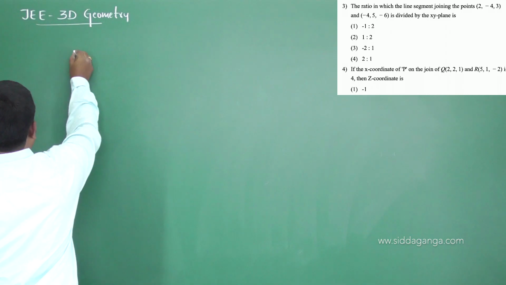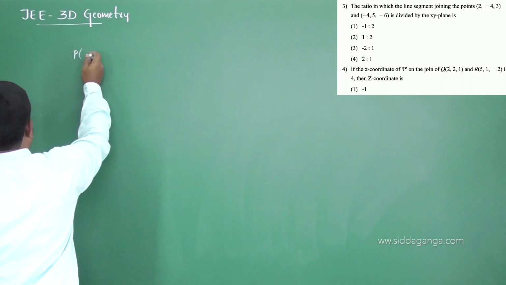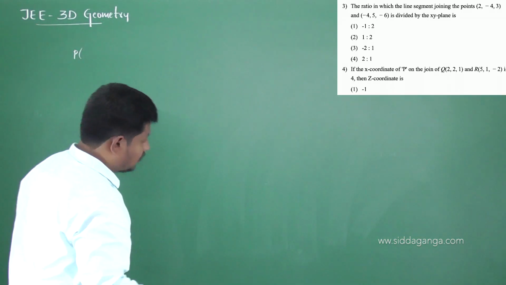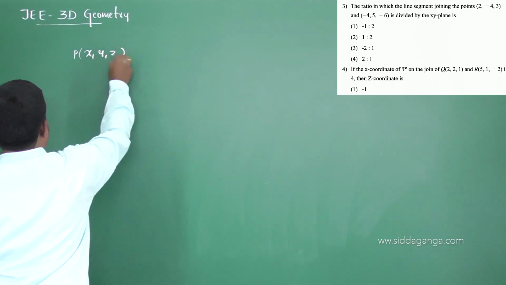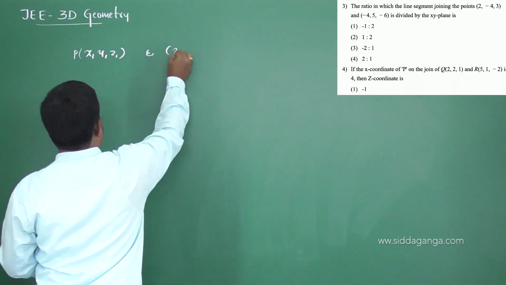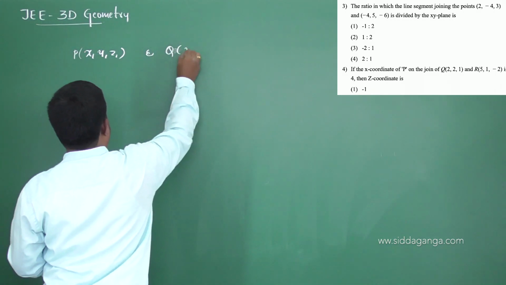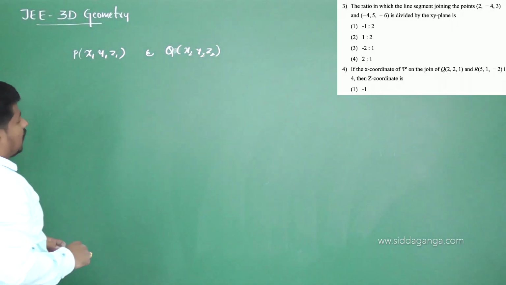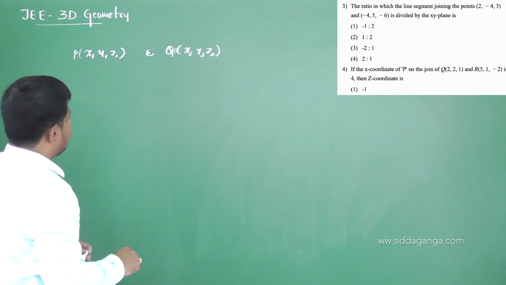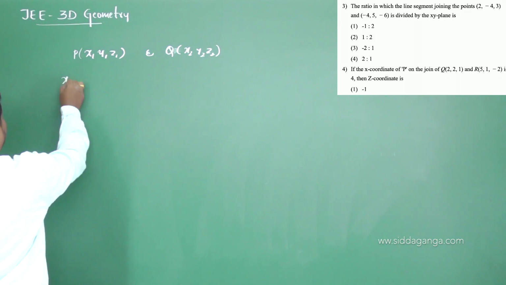The line joining 2 points (x1, y1, z1) and (x2, y2, z2) is divided by the xy plane.